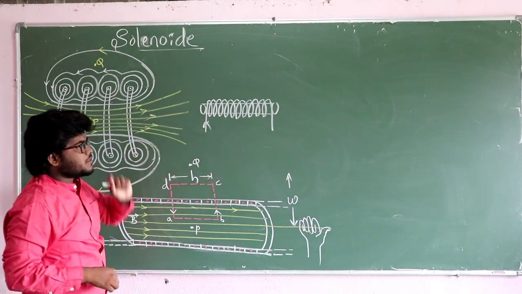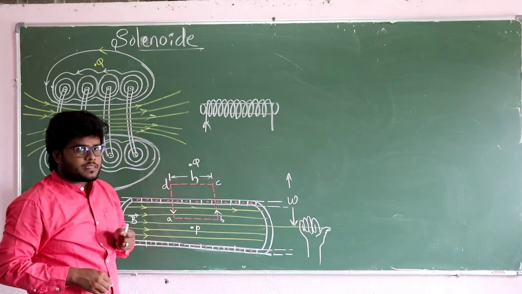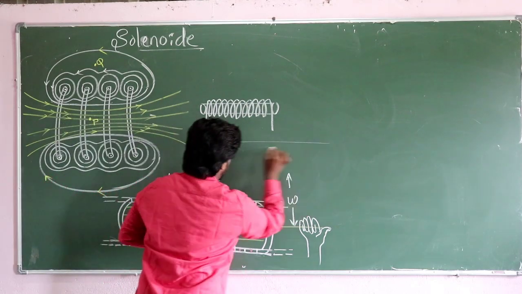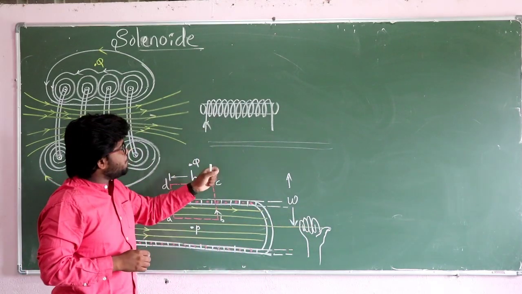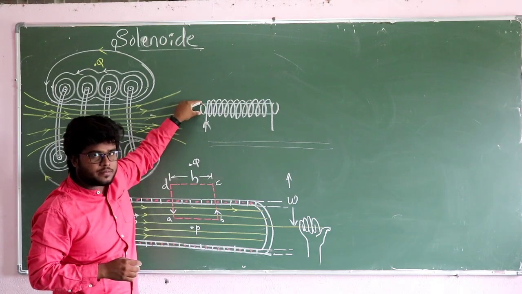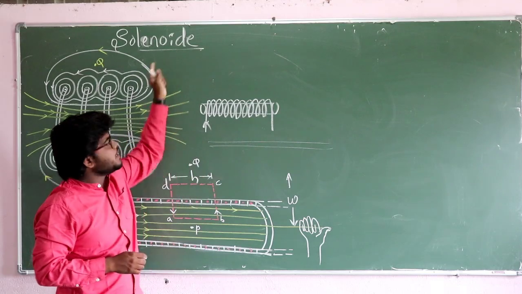So what is meant by the ideal solenoid then? Ideal solenoid means if the length of the solenoid is very much longer compared to its radius, then such a solenoid is called the ideal solenoid.